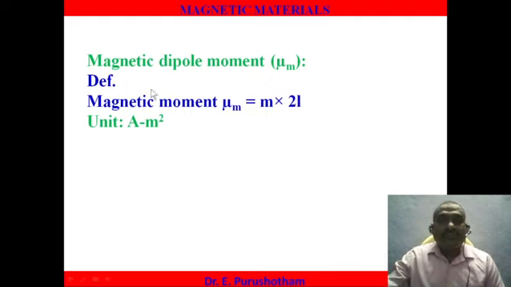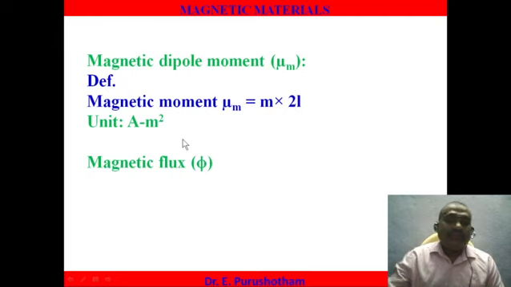Definition: the product of pole strength and the distance between two poles is called magnetic dipole moment. The unit is ampere meter square: pole strength is ampere meter, into meter, gives ampere meter square.